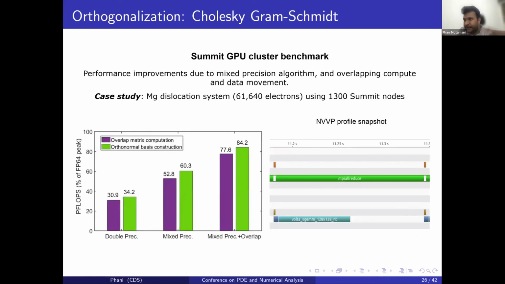So these HPC-centric implementations improved our performance substantially from the baseline, which is 30.9% for example in the overlap matrix computation, to 77.6% throughput, which means we are able to reach 70% of the total peak by implementing these mixed precision strategies and devising these asynchronous compute-communication programming paradigms.